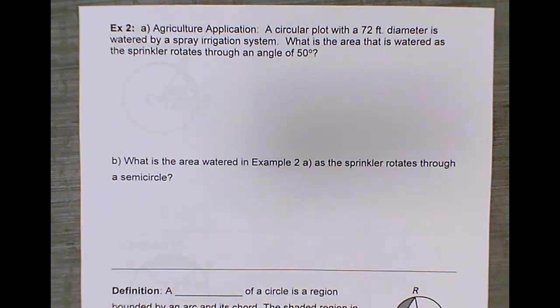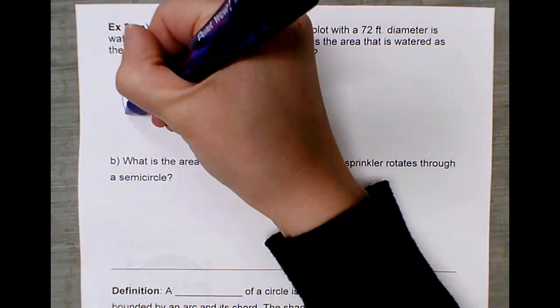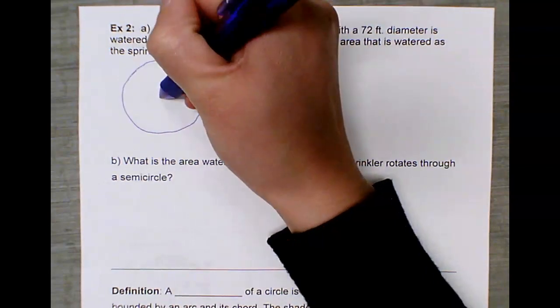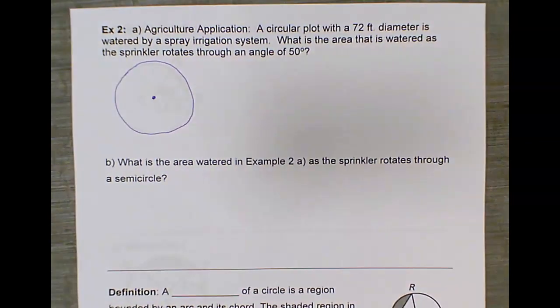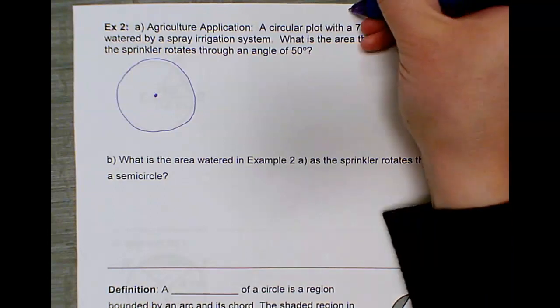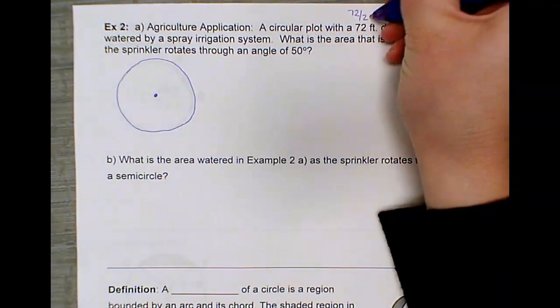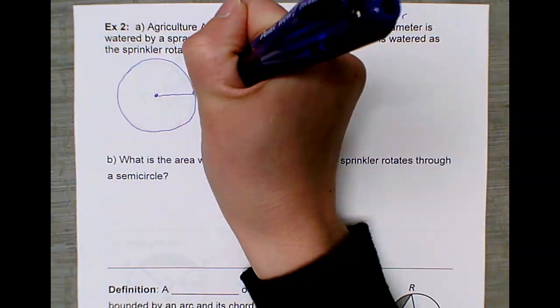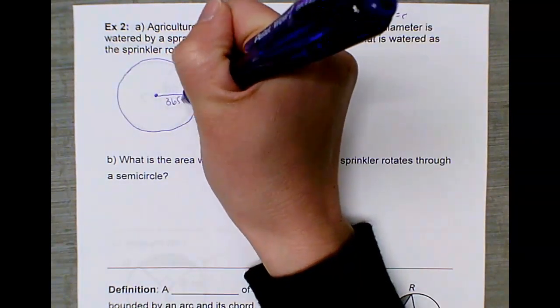So I have a circular plot and it has a 72-foot diameter. Well, I'm not really interested in the diameter. Typically, I need the radius. So how do I find the radius from that? 72 divided by 2 is 36. That's the radius. So I have a 36-foot radius.